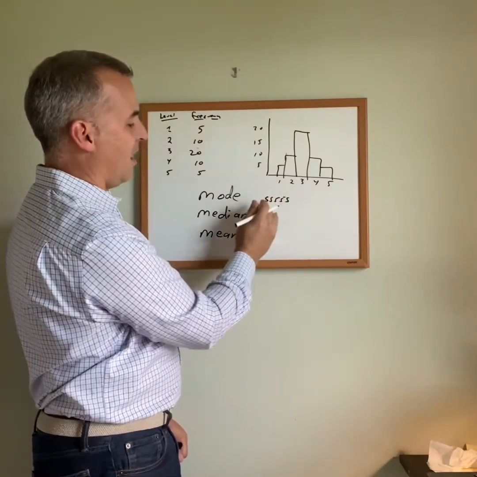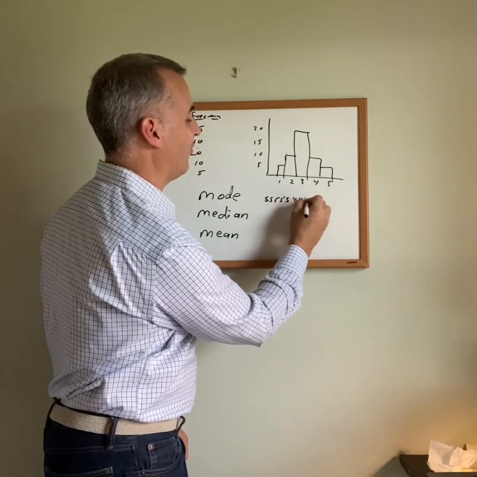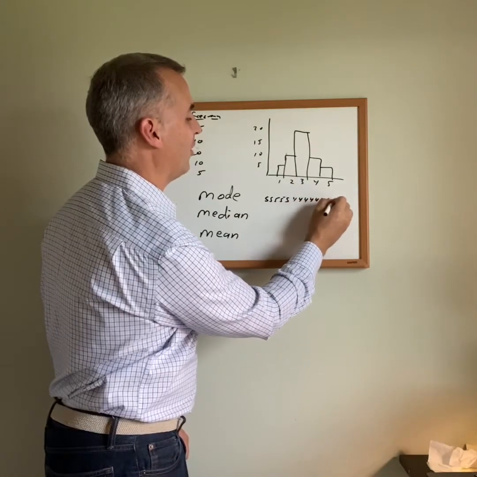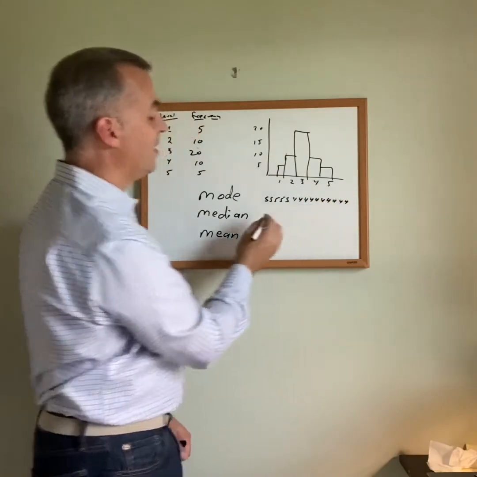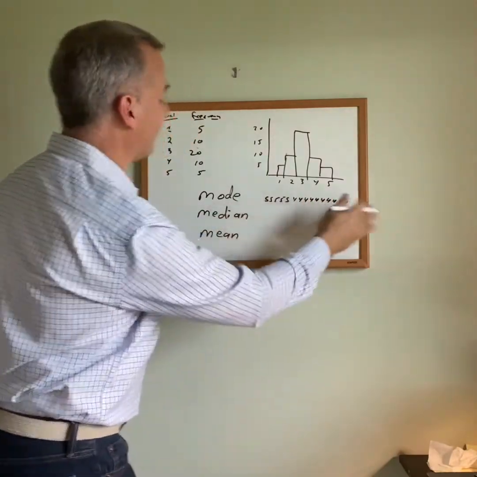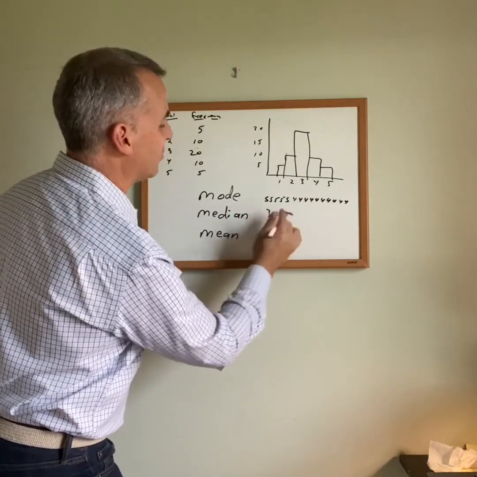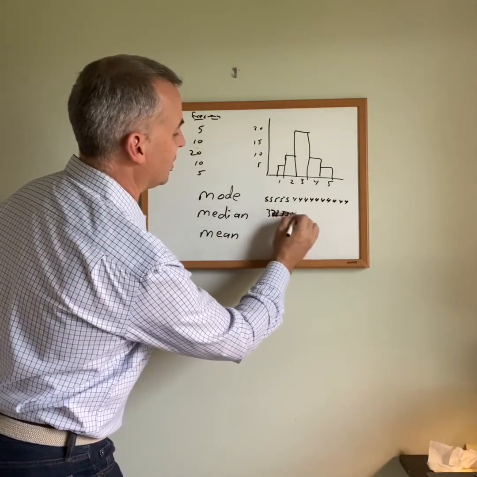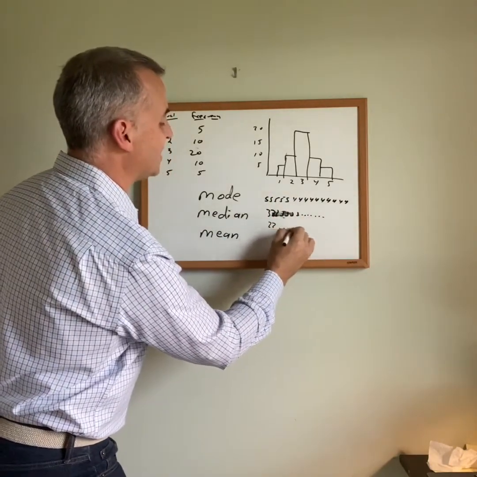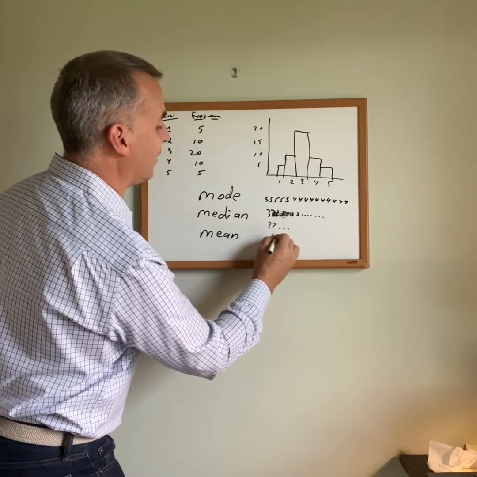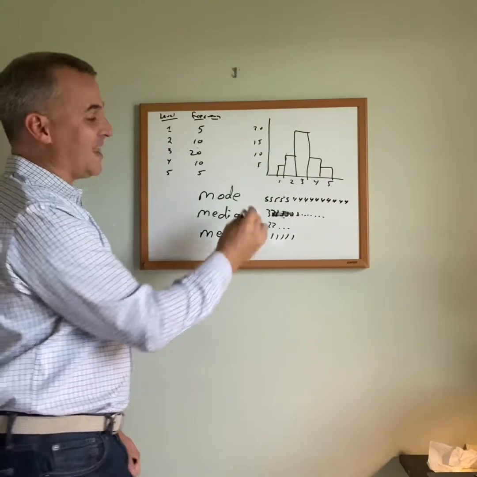So 5 people answered 5, 10 people answered 4, so 4 ten times, and then 3 twenty times, 3, 3, 3, dot, dot, dot, and then 2 ten times, and then 1 just 5 times. So we put those all in order, and then we added them all up, right?